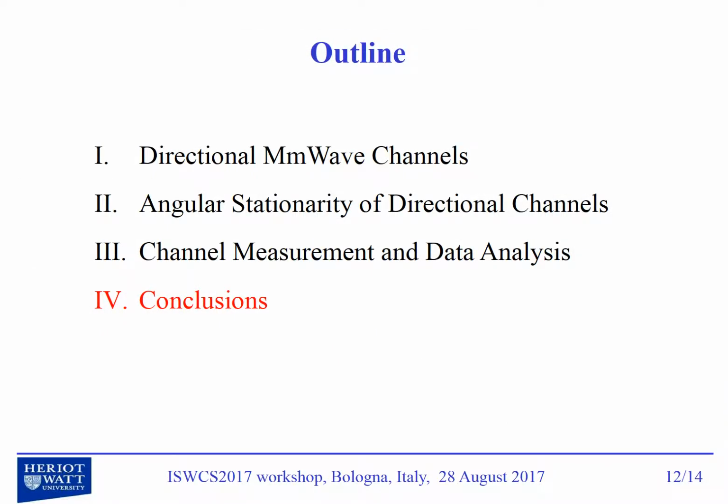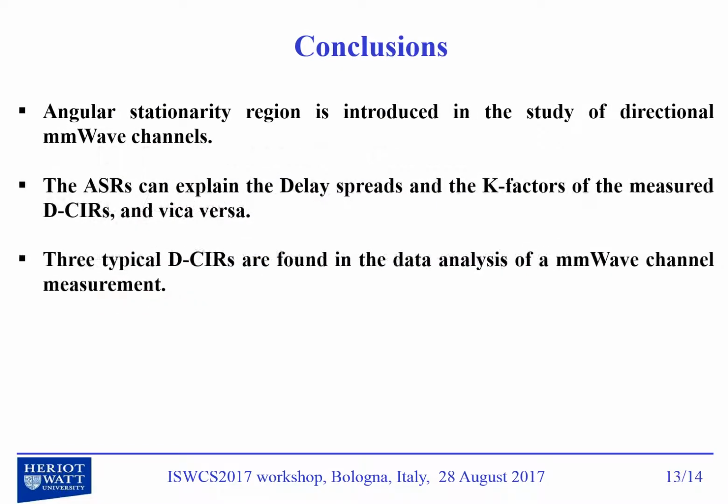Here we come to the conclusion. The study of angular stationarity region is introduced as a method to help us understand the property of the directional millimeter wave channels. Based on the result of angular stationarity region, root mean square delay spread and K factor are estimated.